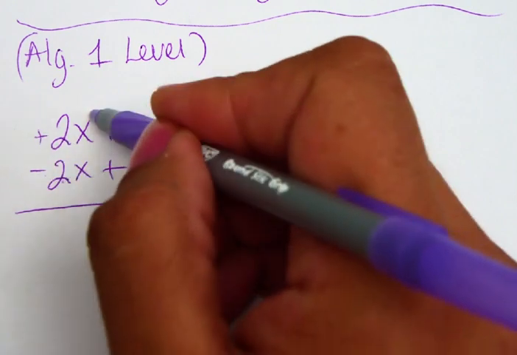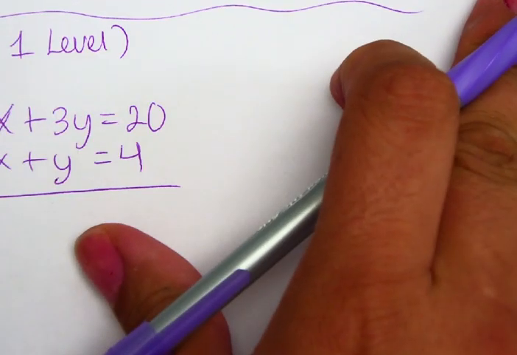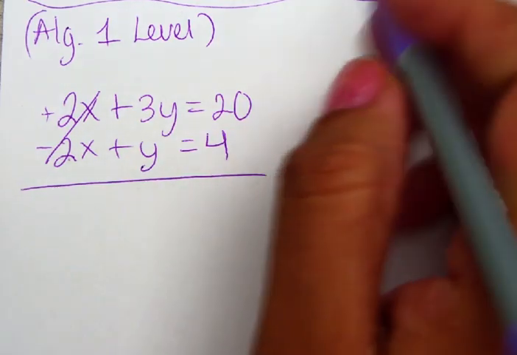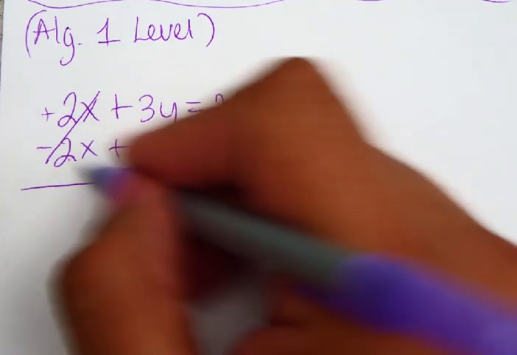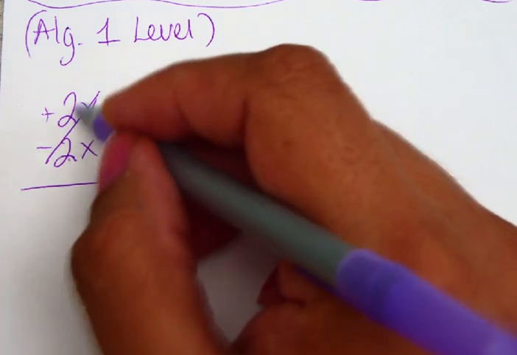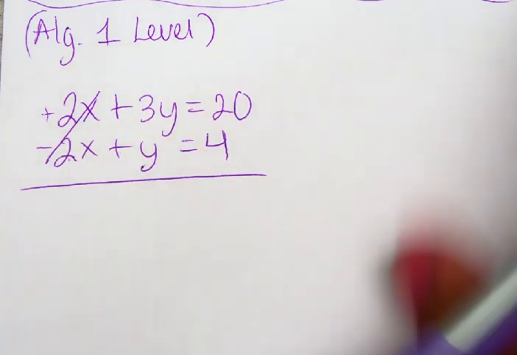So right away, these are going to cancel. To make this video go faster, I'm just going to show you an example where this is not happening. That way you can also see what to do when you don't have the same number.